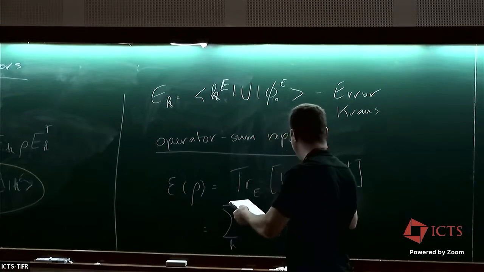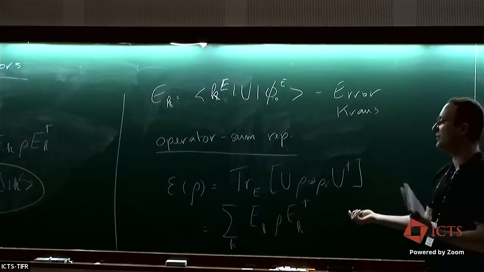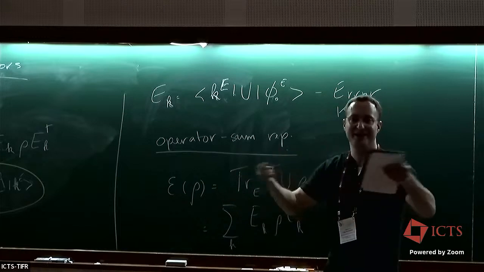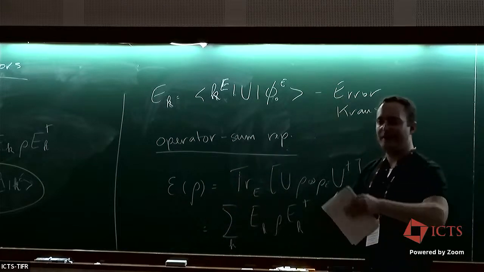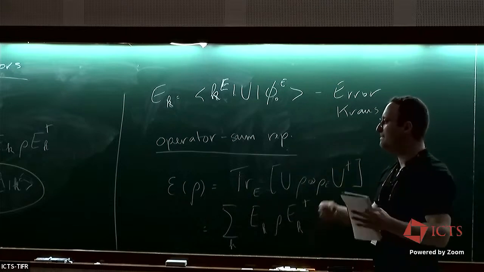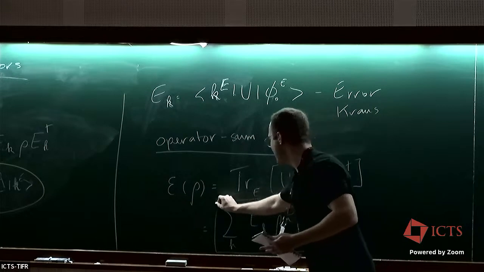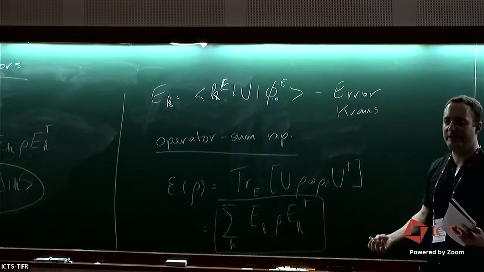So what is the interpretation here? What's the intuition? The intuition is that a process like epsilon can be an error process, a noise process, it can be a unitary that you want to apply, it can be a measurement. Any map to a density matrix can be written in such a way as a sum over these E_K rho E_K dagger.